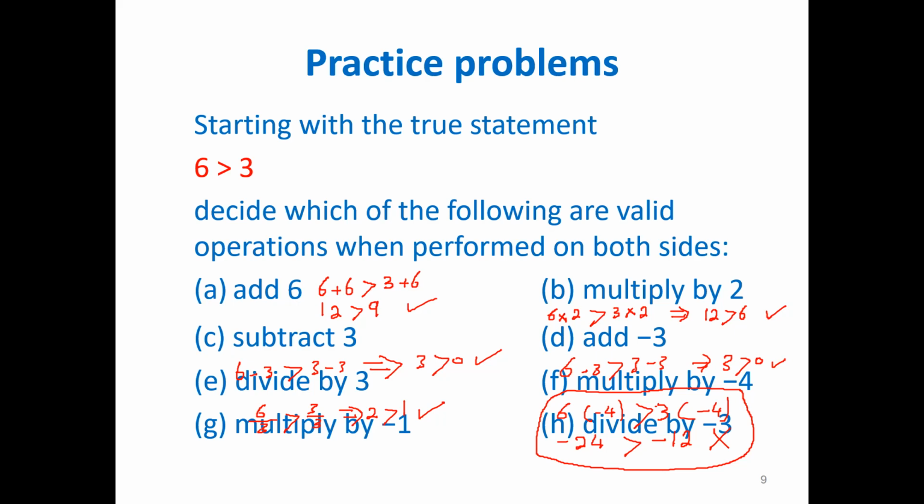Okay, let's multiply by minus 1. So in order to multiply by a negative number, we have to do something. What is that? We have to reverse the sign.